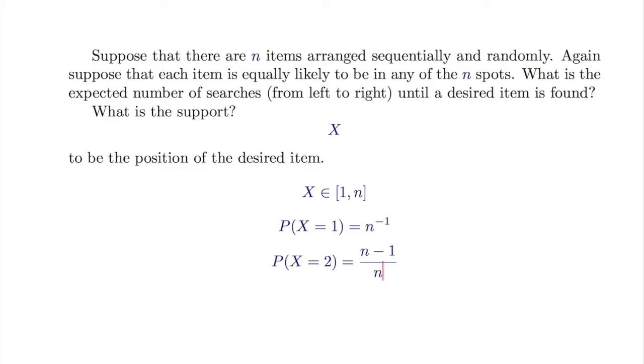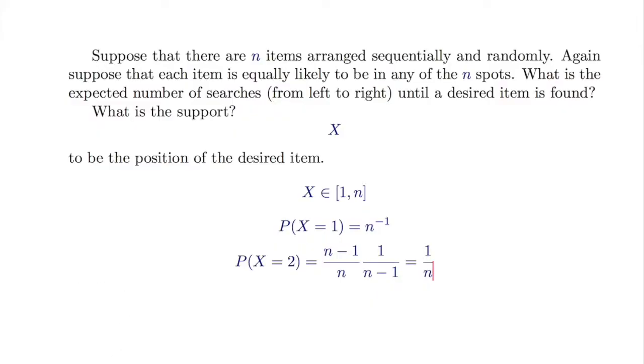Then we had to choose the desired item, one out of the n minus 1 remaining items. What does that simplify to? Well, that simplifies to 1 over n, because we get this cross cancellation here.